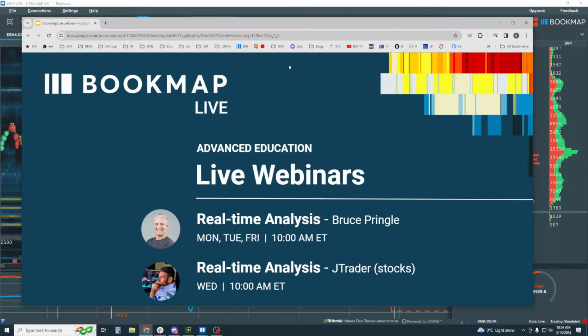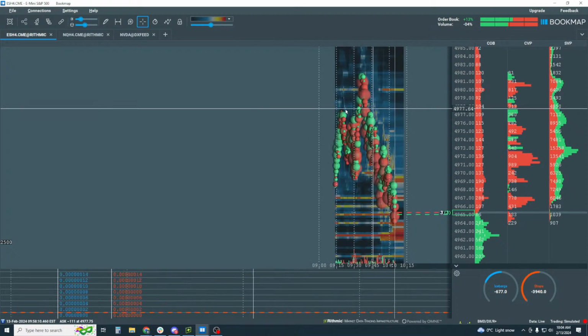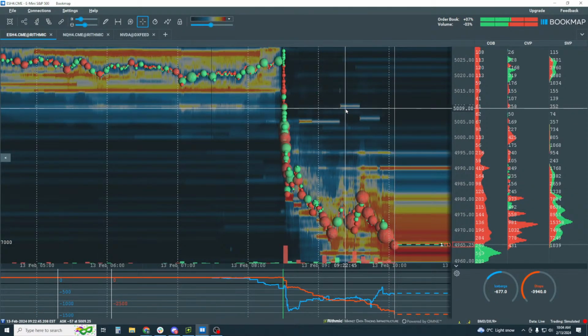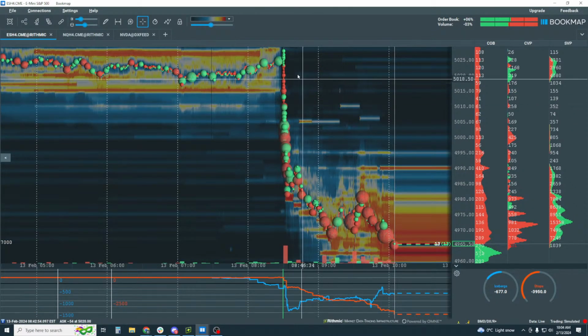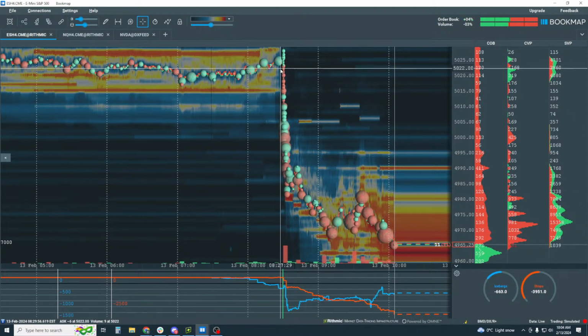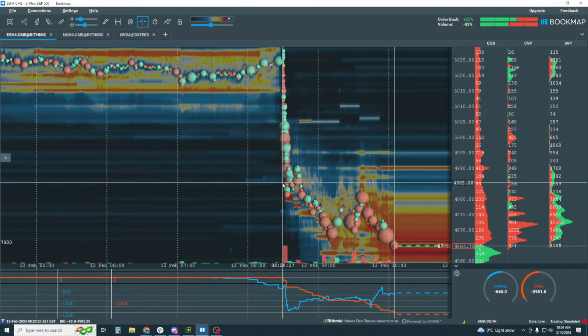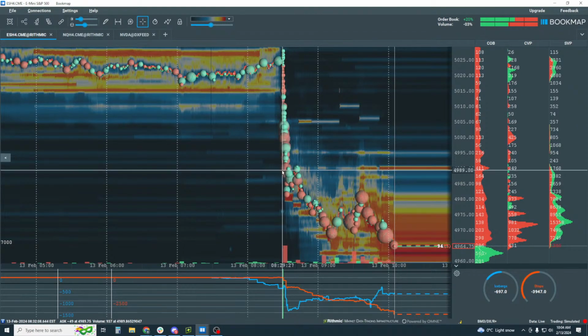All right, let's jump in and let's go through what we see here in the order flow. So, interesting day, and you can see the CPI data here. I'm not going to go through the numbers. We're just going to go through the reaction, because the numbers are actually pretty good. But this makes sense. I don't know what Powell's going to do about the interest rates in the future. The economy is hot.